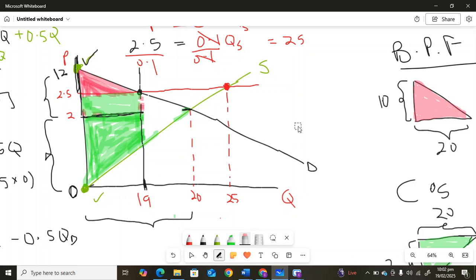So, our new triangle after the price floor has been enacted, it's going to be this one here, this small one here. So let me isolate it so that we calculate the consumer surplus.